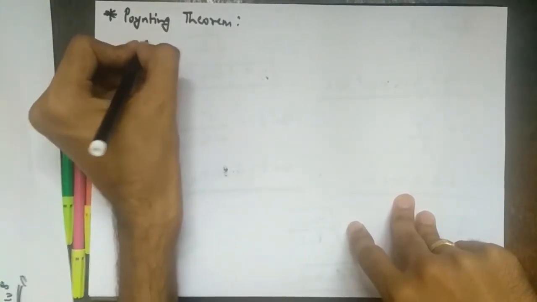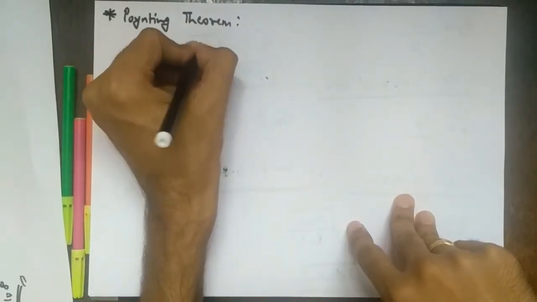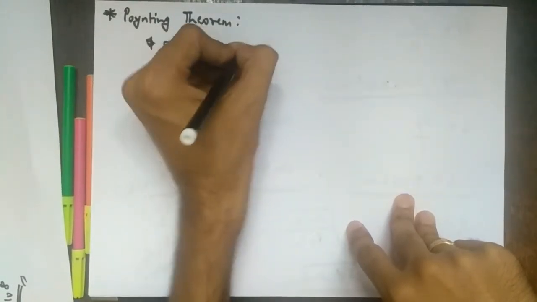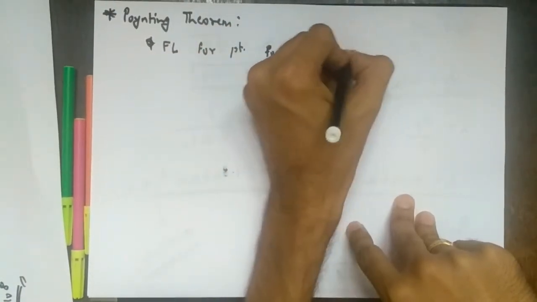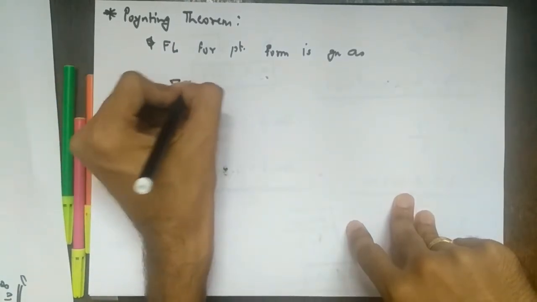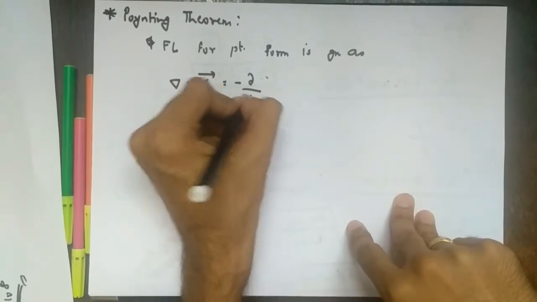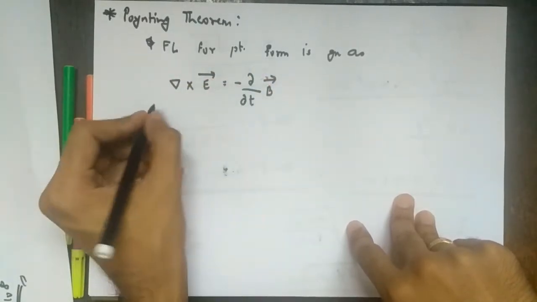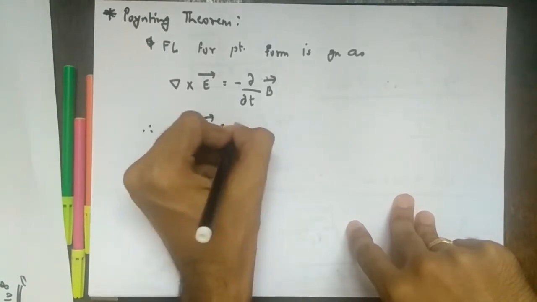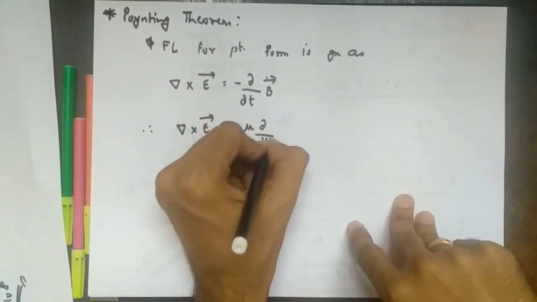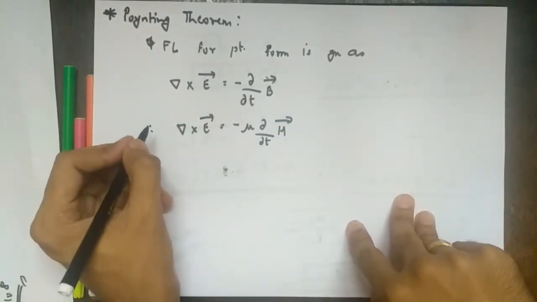First is Faraday's law. So we will write Faraday's law in point form. It is given as del cross E vector equal to minus ∂/∂t of B vector, right? And what we know, B is mu H, so therefore del cross E vector equals minus mu ∂/∂t of H vector. Mu is a scalar and not dependent on time, so I can take it outside.